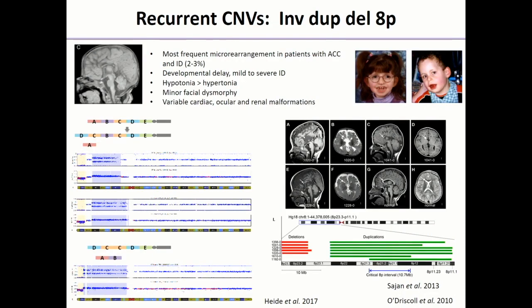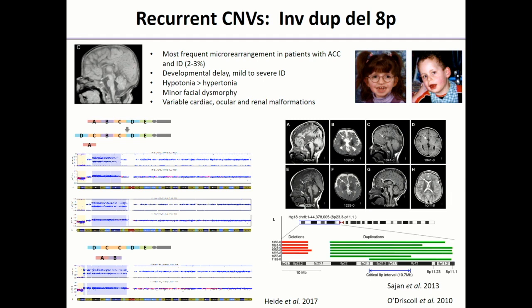So the first recurrent CNV is the inverted duplication deletion of the short arm of chromosome 8, which is the most frequent micro-rearrangement identified in patients with ACC and ID.